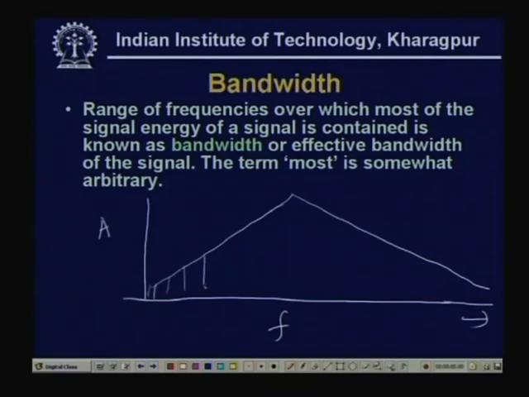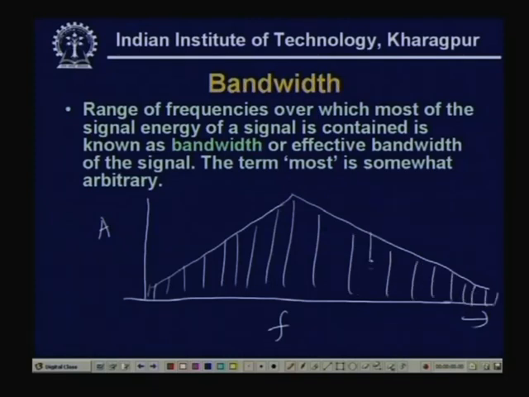It has infinite frequencies in this range. Obviously, the spectrum of the signal is spreading from the lowest to the highest frequencies.